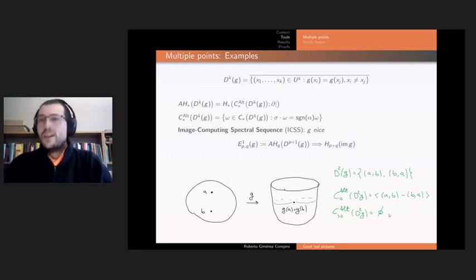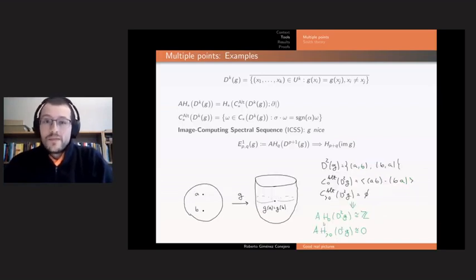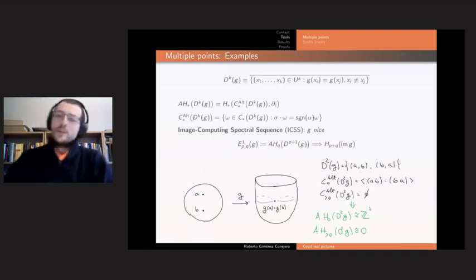So it is alternating, and this is the generator of the alternating chain complex. You don't have any more chains of higher dimensions. And this means that AH0 is going to be a set, because you compute the homology of this chain complex, and all the homologies above 0 are trivial.